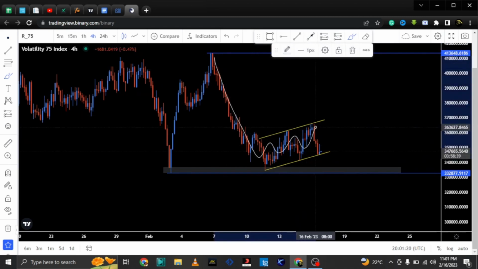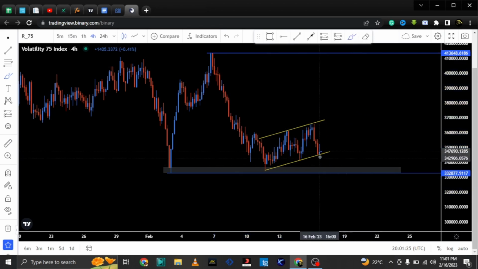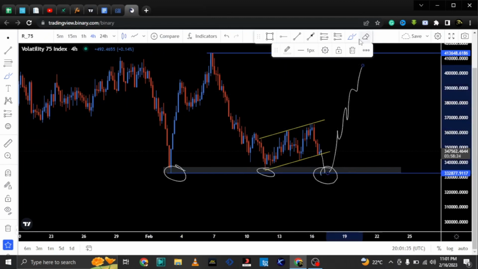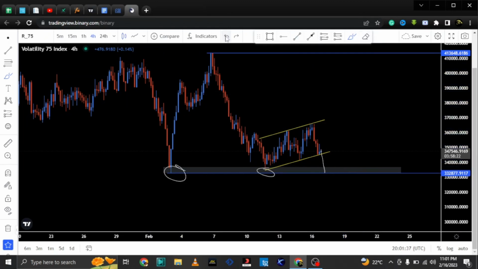This could be a correction. Then it could continue to the downside, or it could come all the way to this level, complete the 90%, give us this 1, 2, 3 triple bottom before it moves and commits to the upside. But this is from the 4-hour time frame.